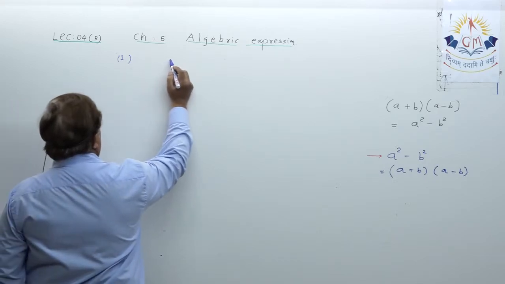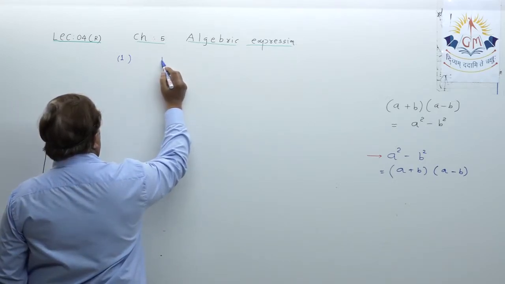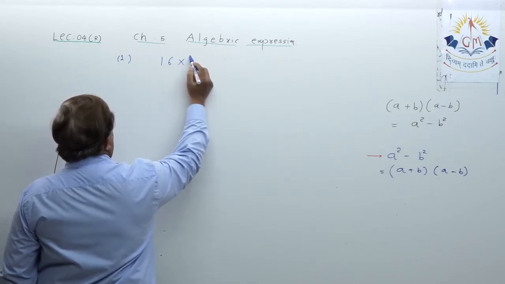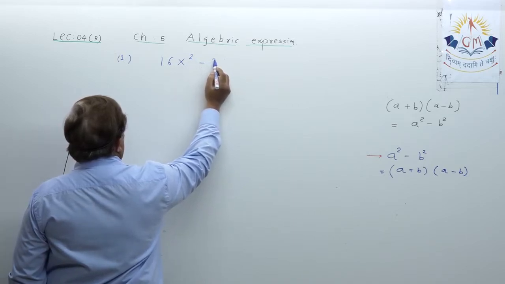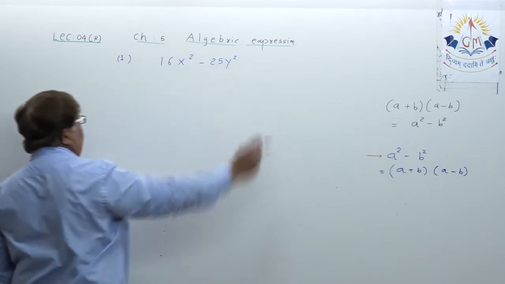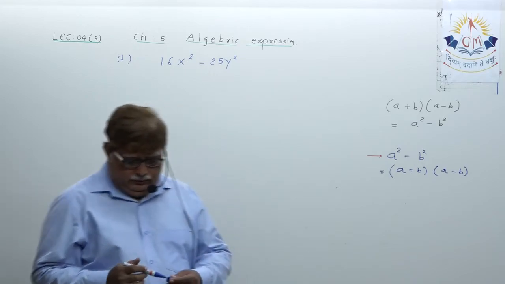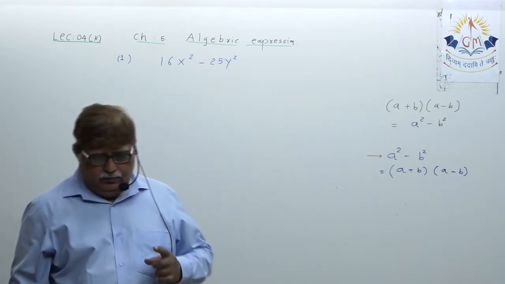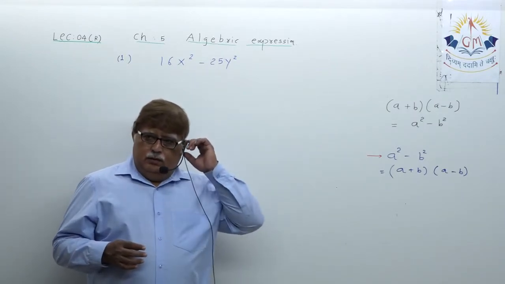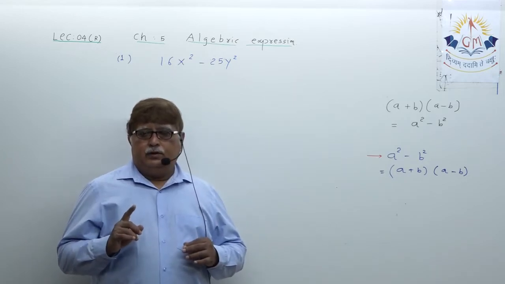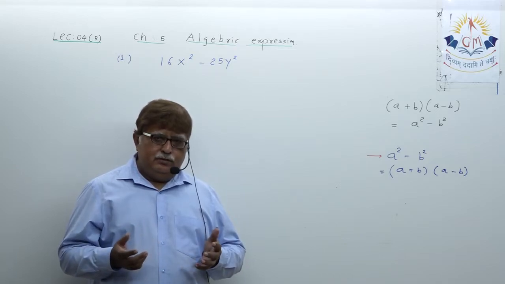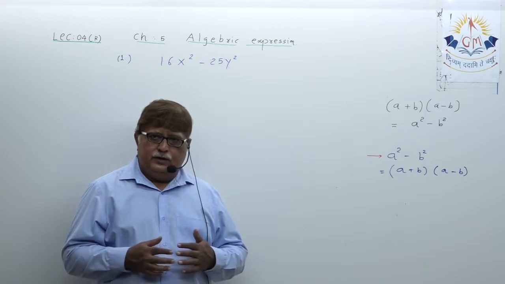Okay, it is like this. Just write down 16x square minus 25y square. Here, my dear students, what I want to discuss with you is what I have seen: when you are explained the application of one identity, you find it very easy to understand and apply.